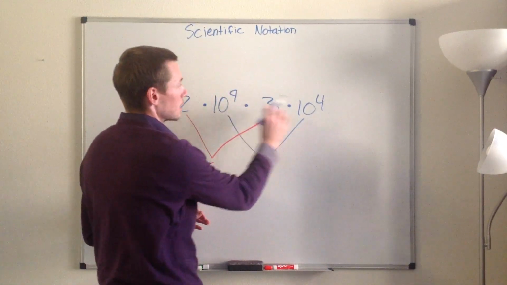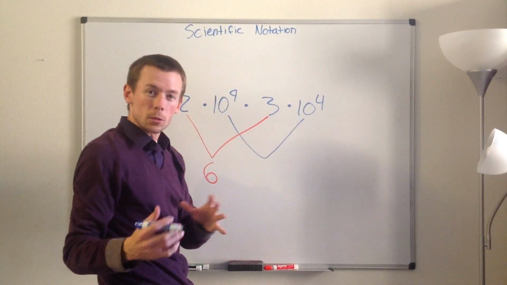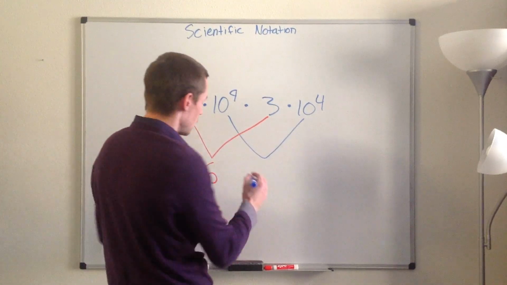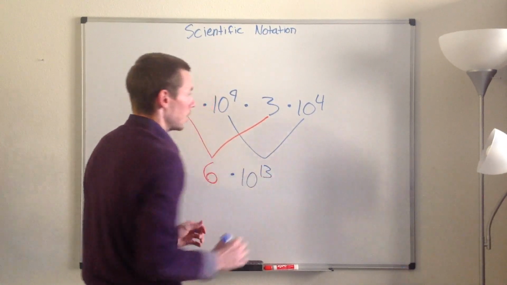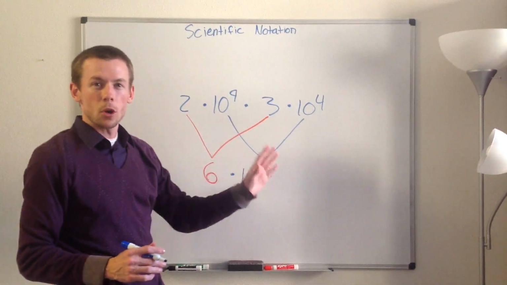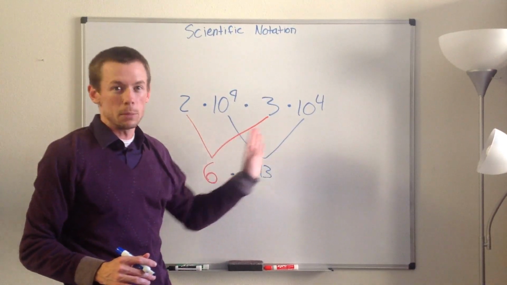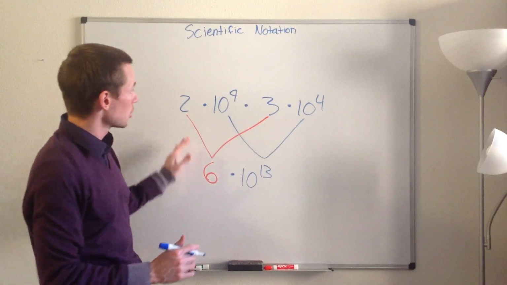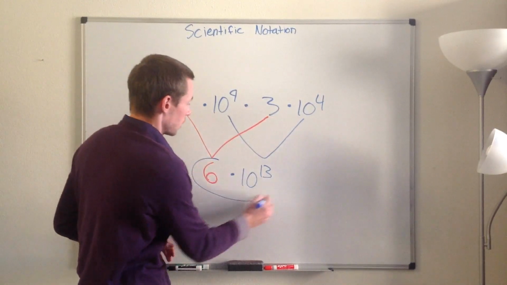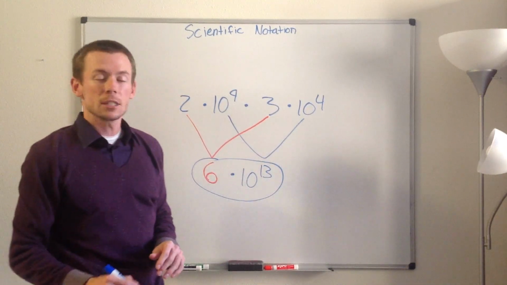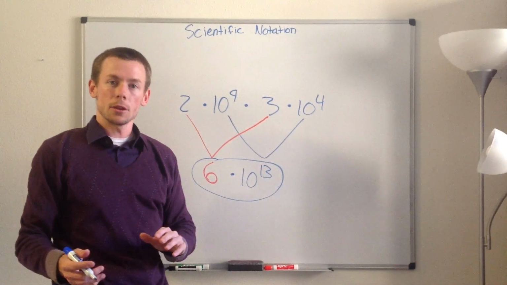And 10 to the 9th times 10 to the 4th, and this is a little review of the previous week's video, comes out to 10 to the 13th power, because we would have a total of 13 tens that we'd be multiplying. So the answer for 2 times 10 to the 9th multiplied by 3 times 10 to the 4th is 6 times 10 to the 13th.